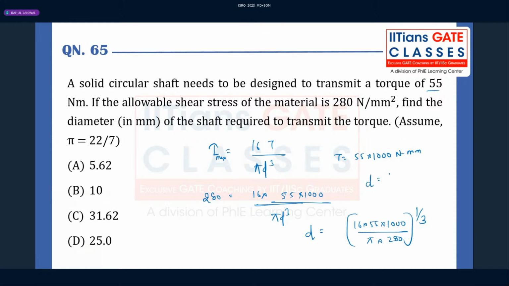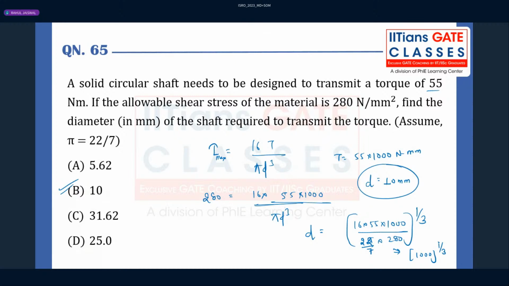When you do the calculation, you need to put pi as 22 by 7. So you will get 10 mm. B should be correct. 16 into 55 into 1000 into 7 divided by 22 divided by 280. You will get the bracket term as 1000, whole cube. Then it is very simple: 10 cube whole to the 1 by 3 becomes 10 mm.